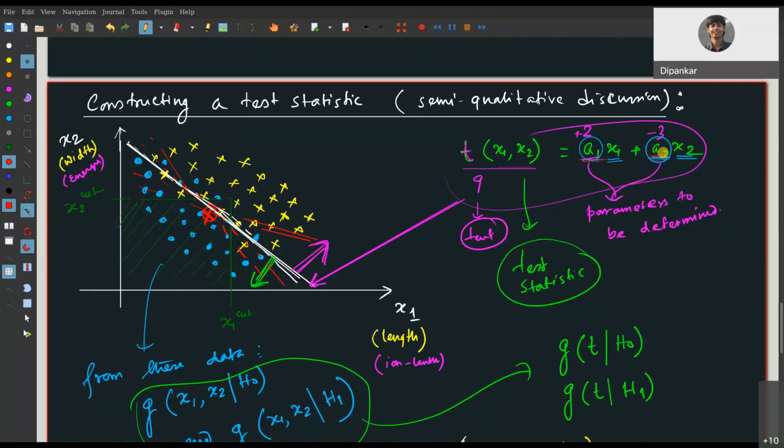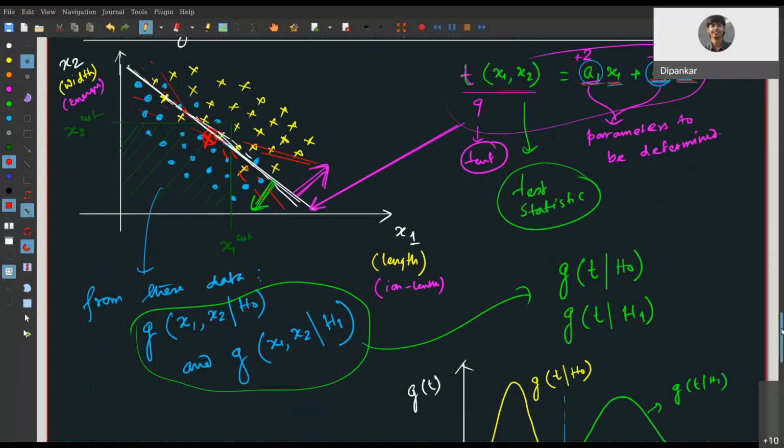Now, what kind of mathematical consideration do I need so that my test statistic is optimally chosen? Remember, I have chosen it to depend only on the first power of x1 and x2. When your test statistic depends only on the first power of your random variables, it is called a linear test statistic.